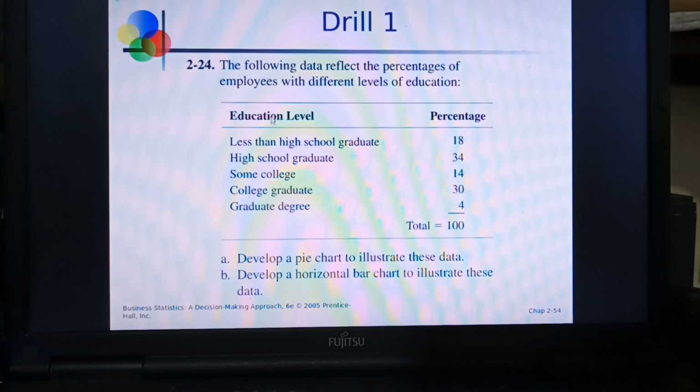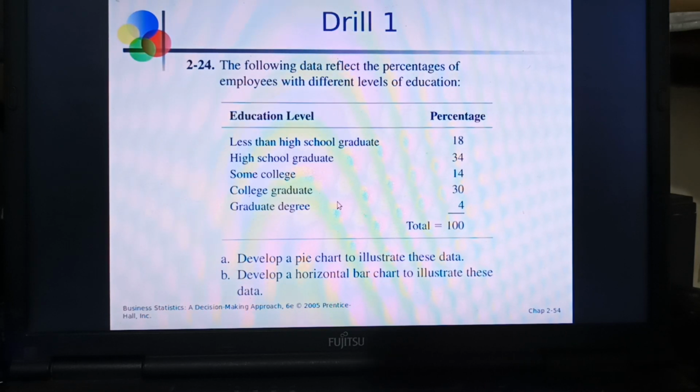Educational level, this can be our category, and the percentage. Less than high school graduate, there were 18 respondents. High school graduate, 34 respondents. Some college, 14. College graduate, 30. Graduate degree, 4, for a total of 100.